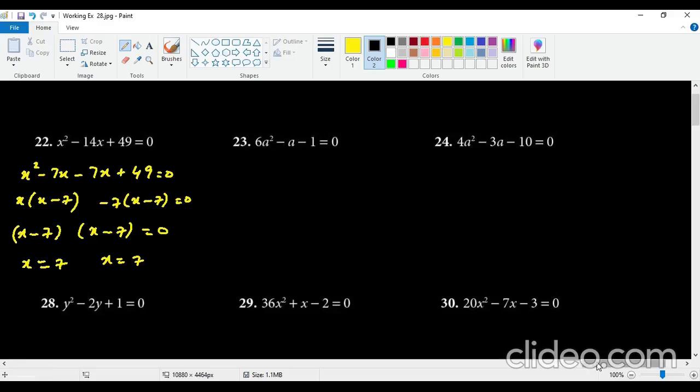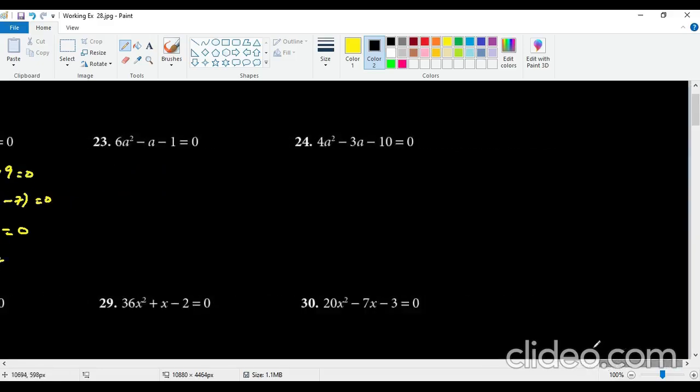Moving on to the next question, which is question number 23. In question number 23, we are going to get 3 times 2, 6a square plus 3a minus 2a minus 1 equals 0.